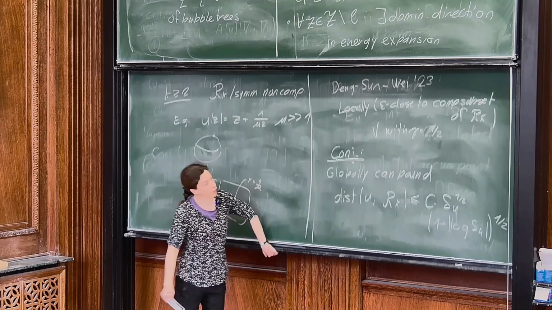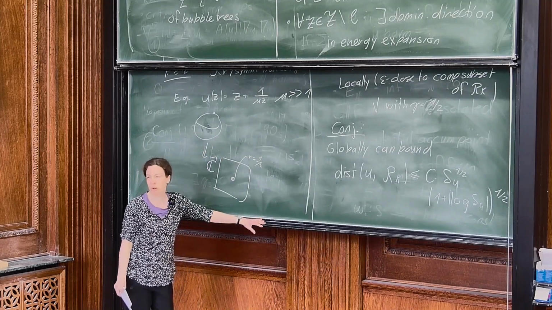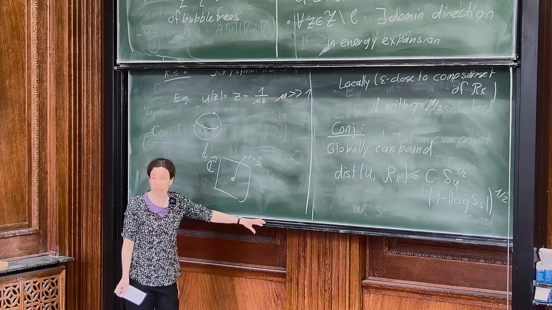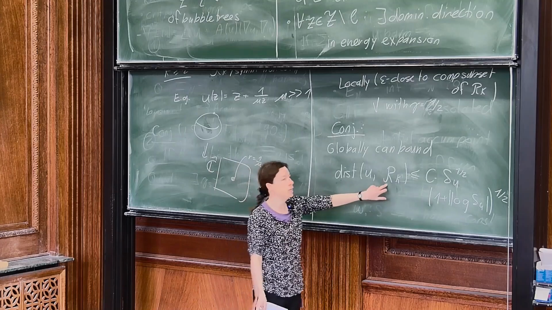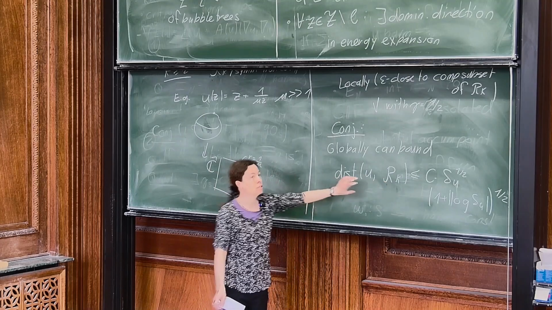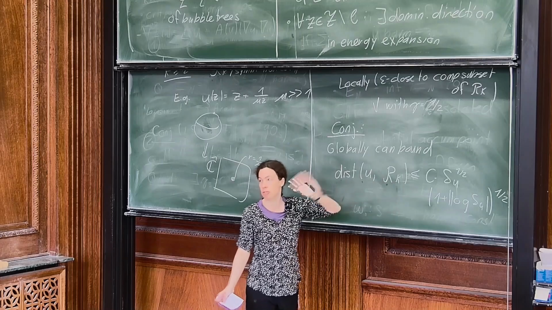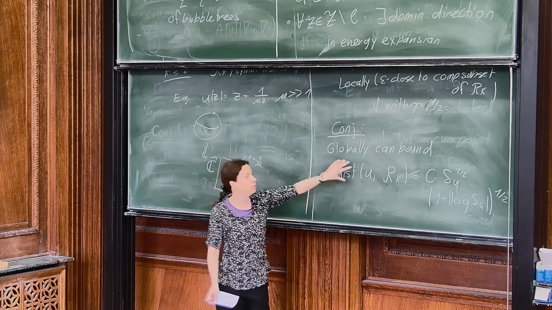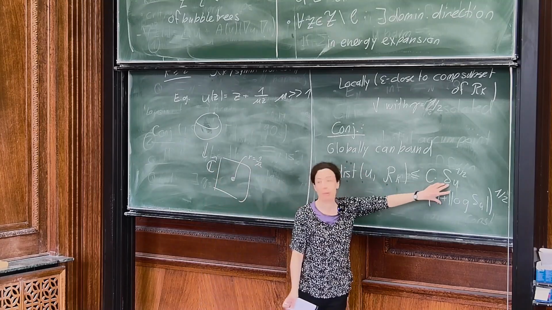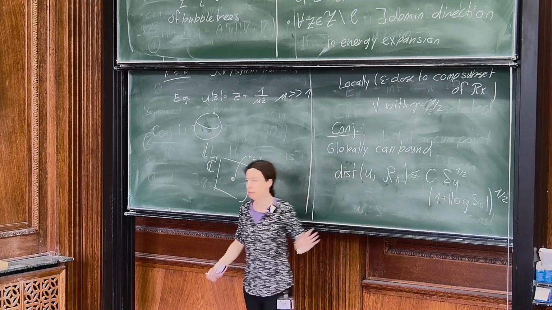Now, if you look at the result like that, you would think, come on, no log in that thing. I mean, that just looks really wrong. But the thing which looks correct is, I mean, it's a nice energy, so the distance of a set to the minimizers should actually be bounded by some reasonable right-hand side. So you would expect it is true that the distance is bounded by some delta u to something, but maybe the log looks a bit wrong.